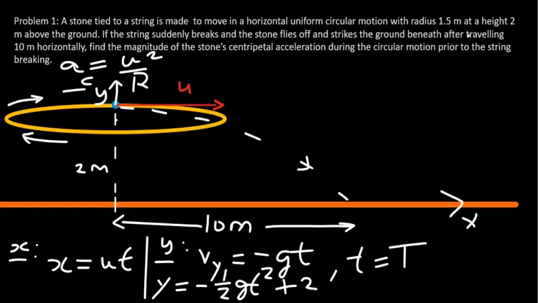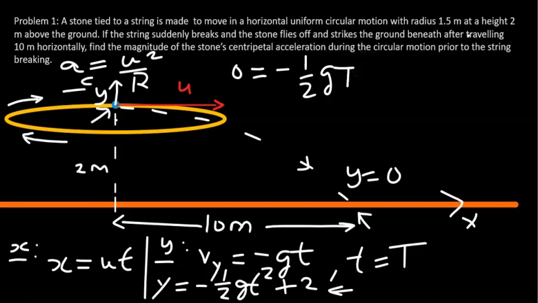As it moves all the way from the top position and as it hits the ground, the y coordinate there is 0. So let's substitute this information in the second equation for the y component. You get 0 equals minus half g capital T squared plus 2. And you see you can figure out the time of flight.